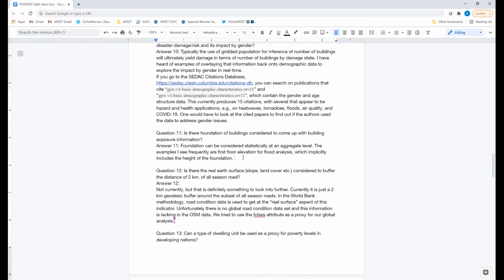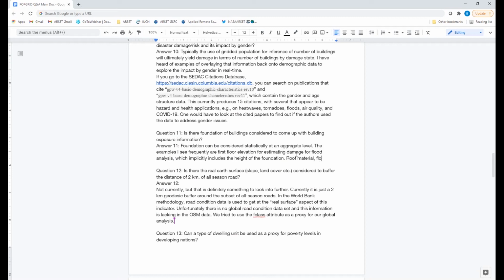I have seen that first floor elevation can frequently be very important when estimating damage from flooding. So in that case, the foundation is considered a bit. But for earthquake hazards and most flood applications, what you typically see is people looking at the roof material, floor material, and wall material to infer a structural class.